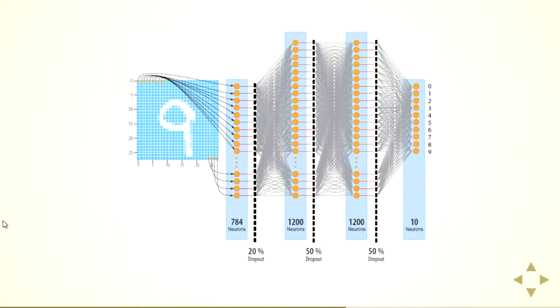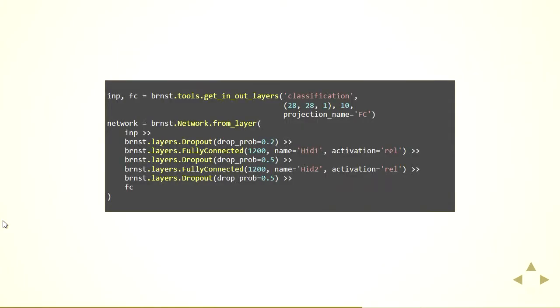So that's our design. How does it look now in code and Brainstorm? Well, not too bad. Here you create your layers, 28 by 28, because that's how big our picture is, and 1 deep.